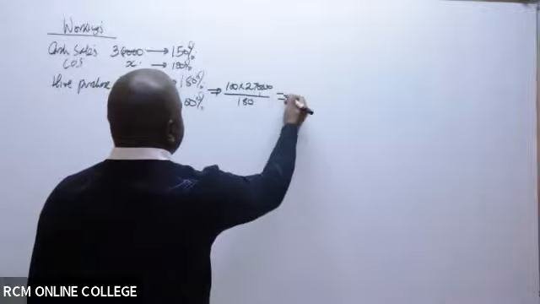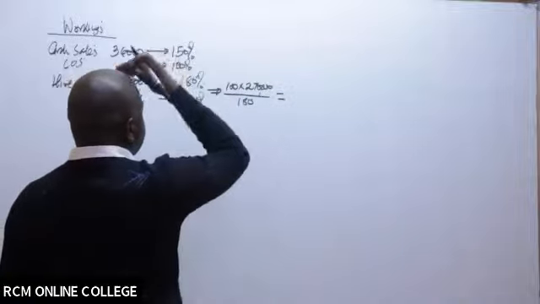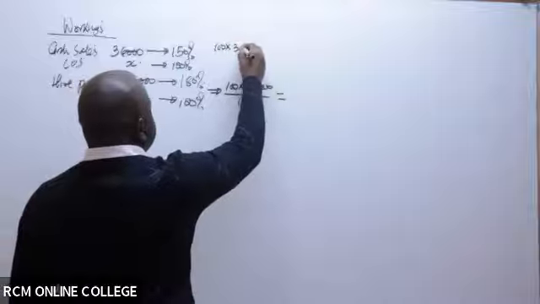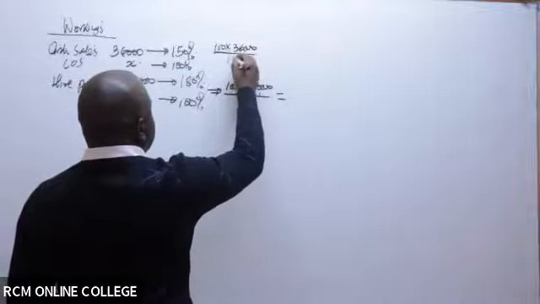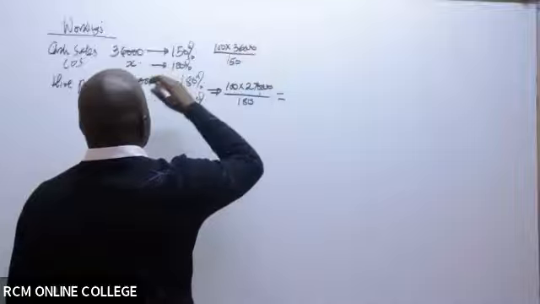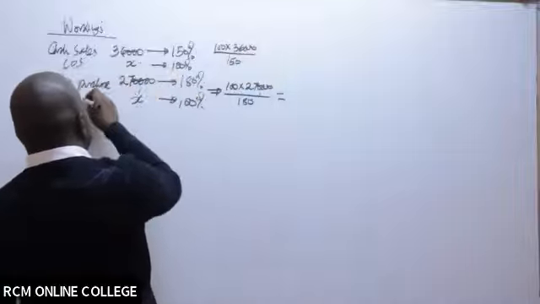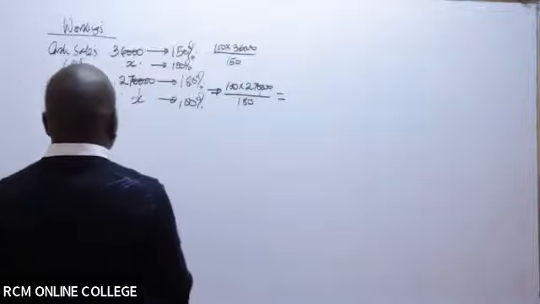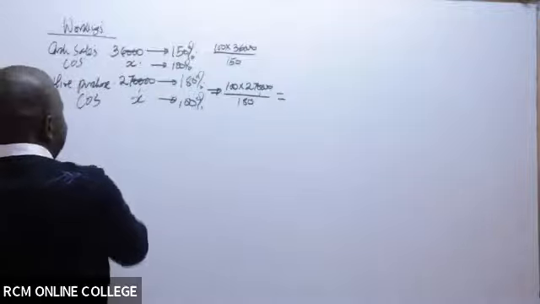Then this one, you do the same. You take 100, multiply by 36,000, and divide by 150, for us to get the cost of sales under the cash sales, and of course the cost of sales under the hire purchase.